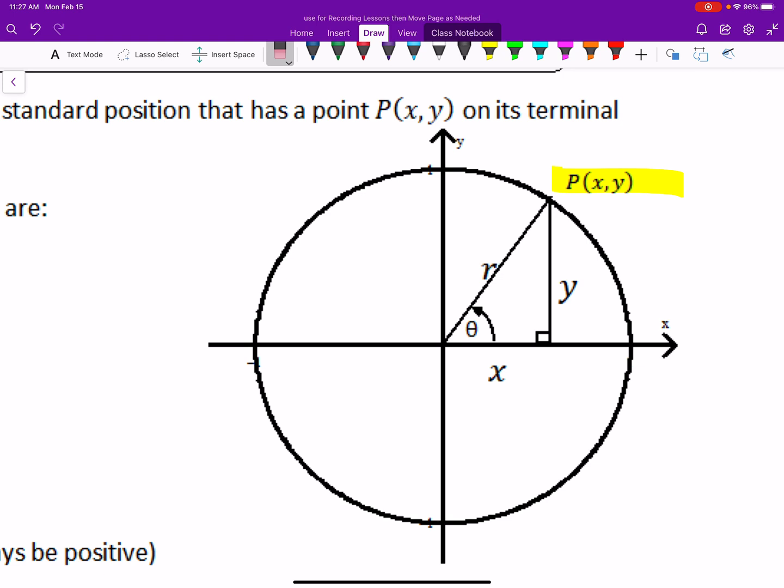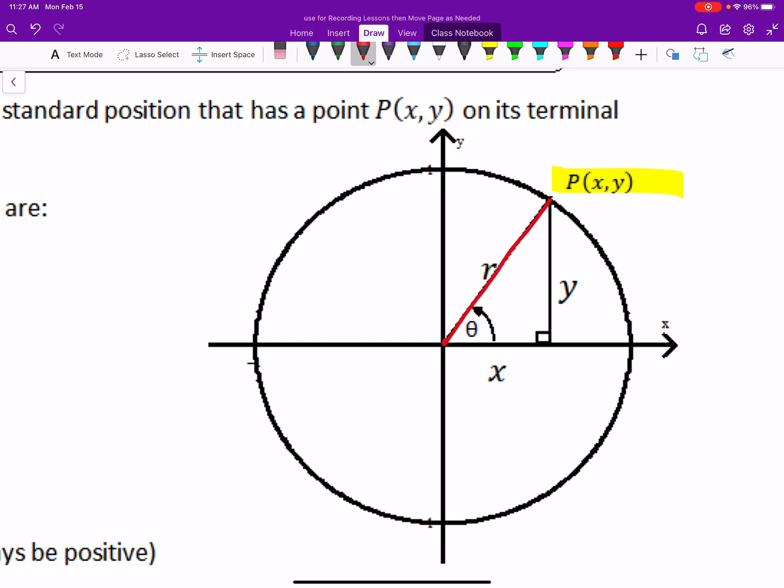In fact, the connection between this point (x, y) and the circle is that the distance of this point from the origin is going to be the radius. If I connect the origin to the point, then I get the radius of the circle.